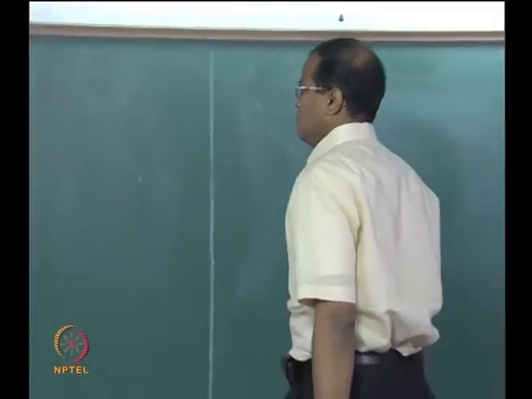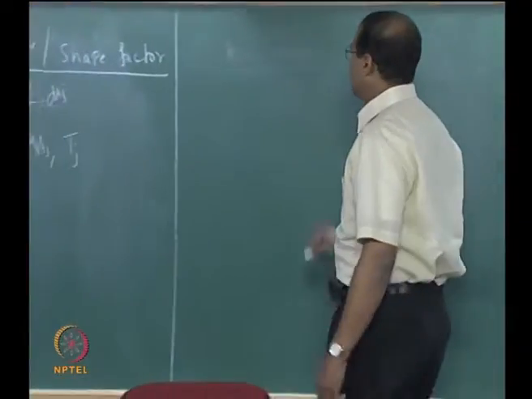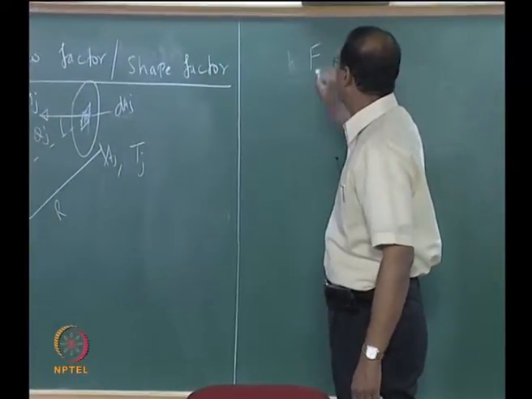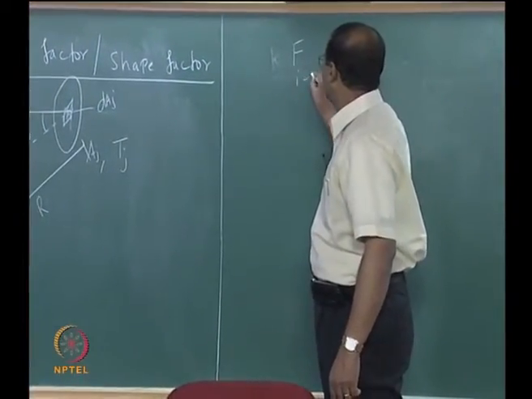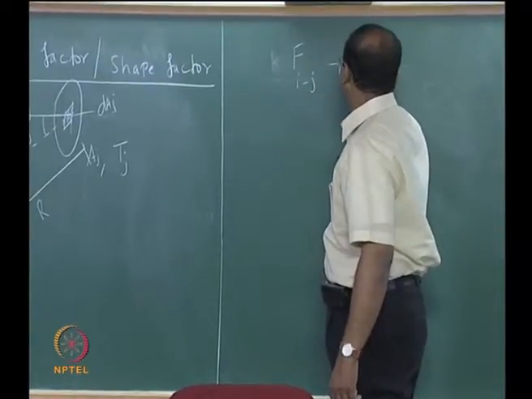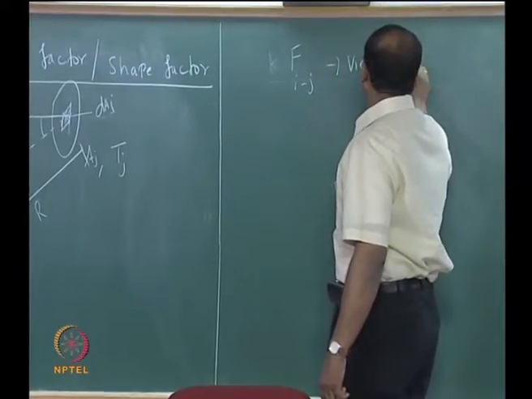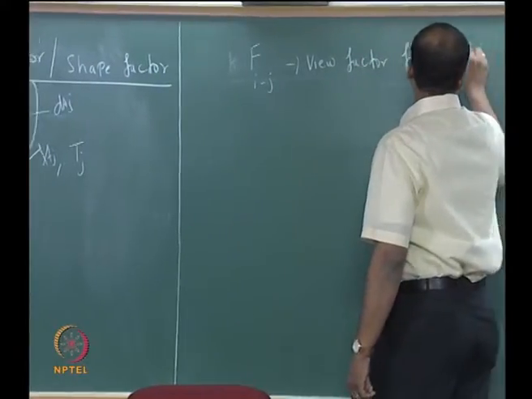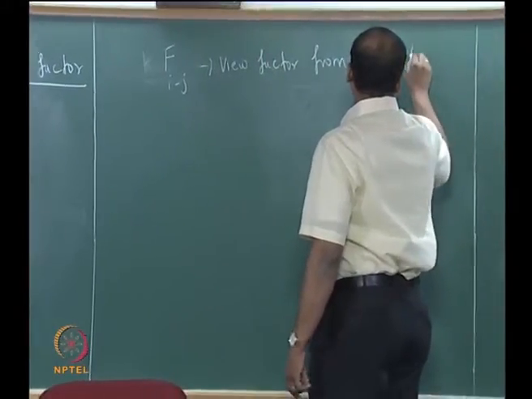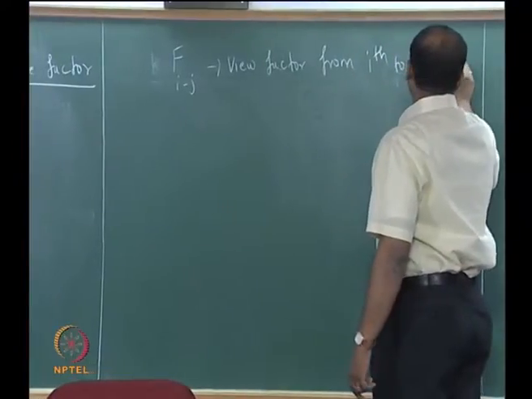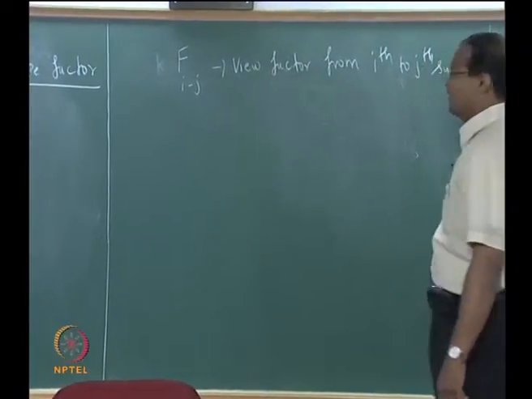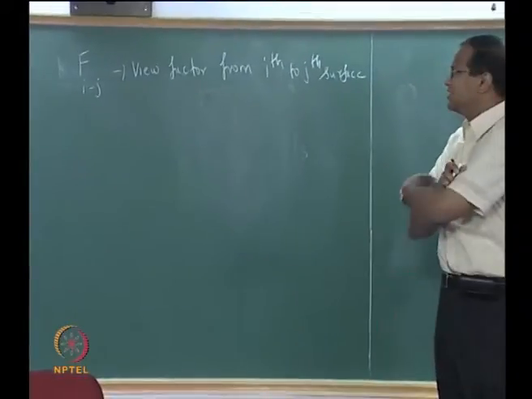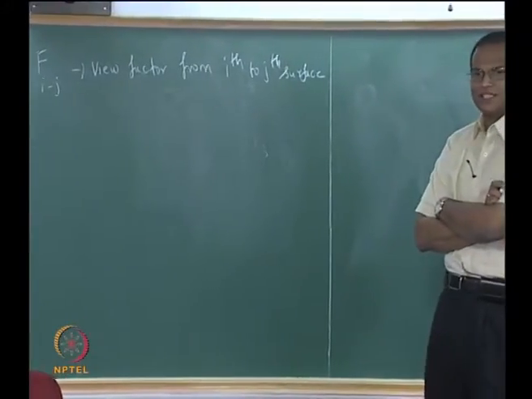So, Fij represents the view factor from the ith surface to the jth surface.